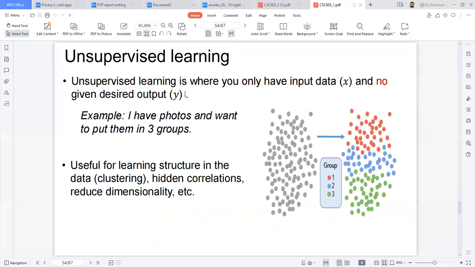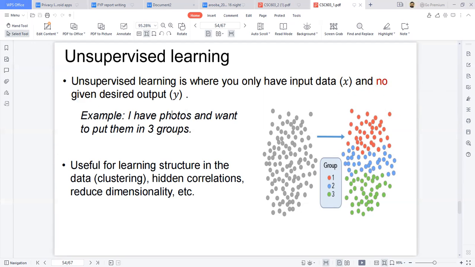There is no label. You only have the input data x. So what you have to do is find the similarity and make groups based on the similarity. Because you don't have the y, you don't have the label, you have to make your label by yourself by finding the similarity.